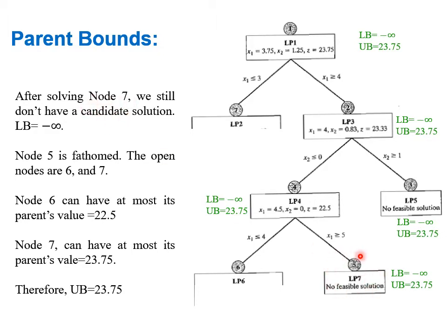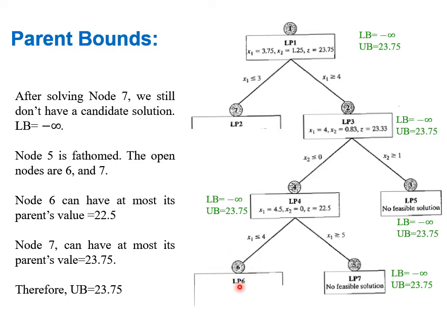Okay, and when we solve it, there are no feasible solutions. In fact, during the branch and bound tree, if a branch is fathomed because of infeasibility, then the lower and upper bounds usually do not change. So still we couldn't find any integer feasible solution. Therefore, the lower bound is still minus infinity, and the upper bound is given by the unexplored nodes.